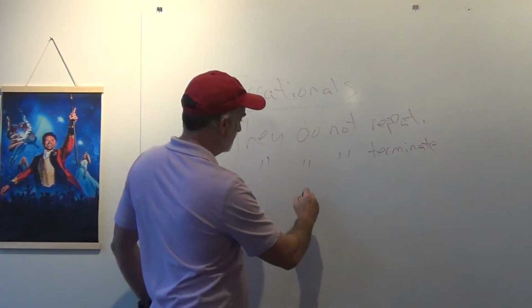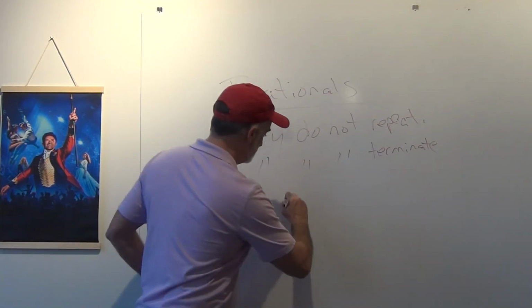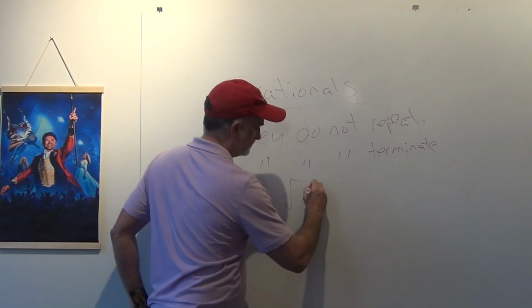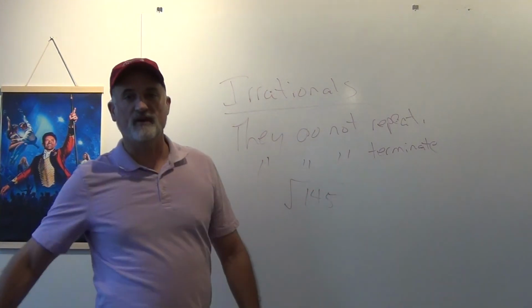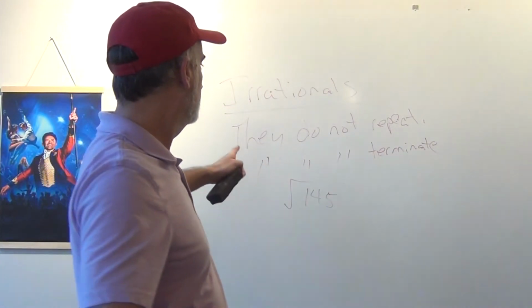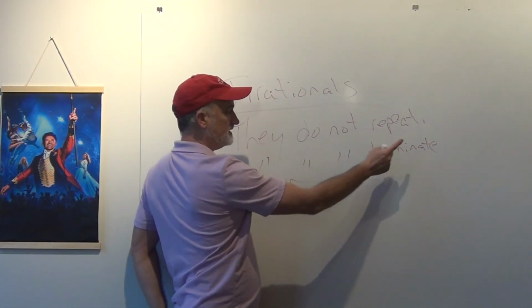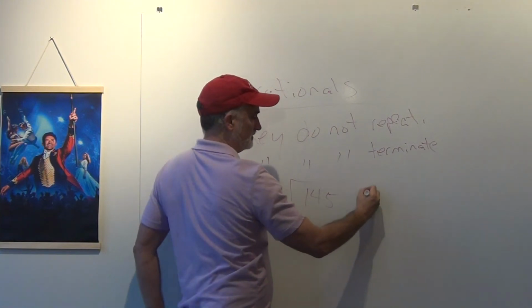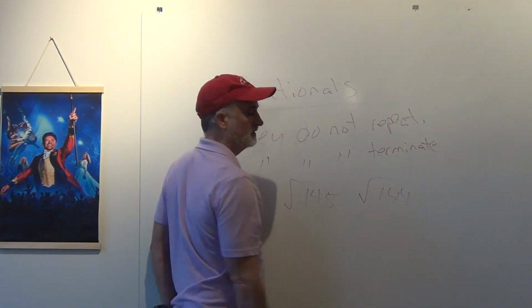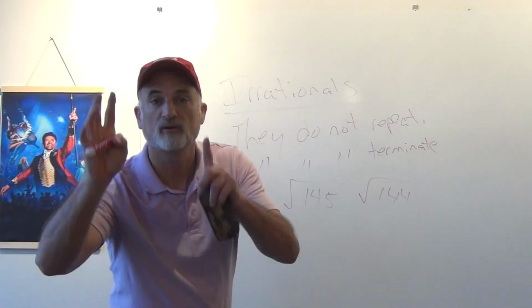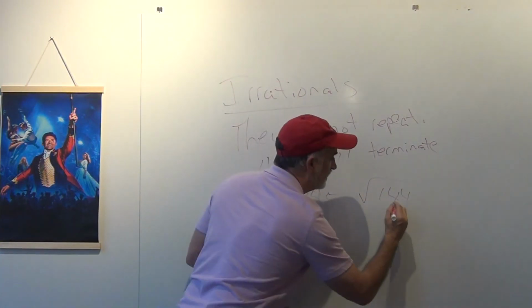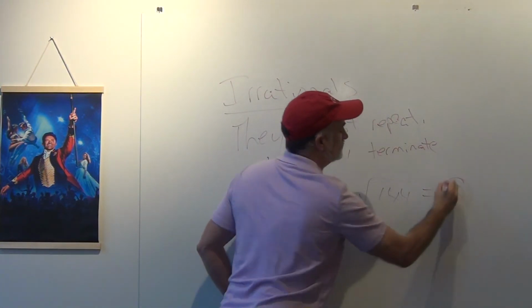Okay? So, most irrational numbers come in the form of, say, the square root of 145. The square root of 145 does not repeat, and it does not terminate. But the square root of 144, a rational number, is a perfect square, which we know to be 12.